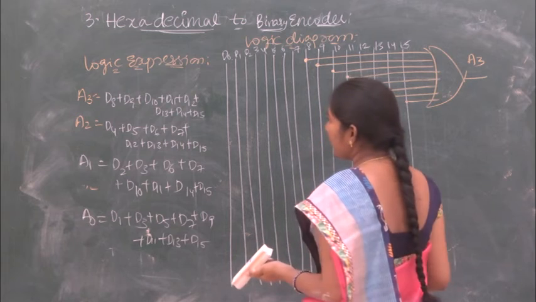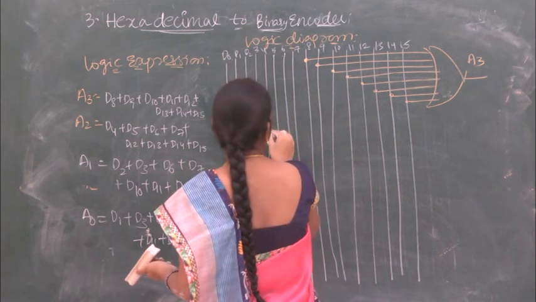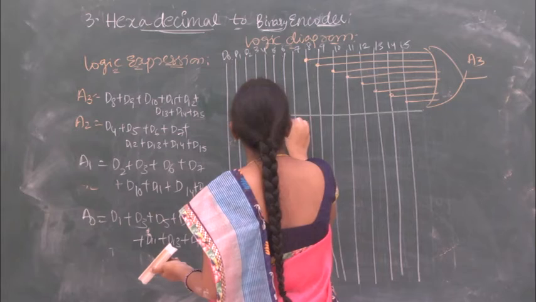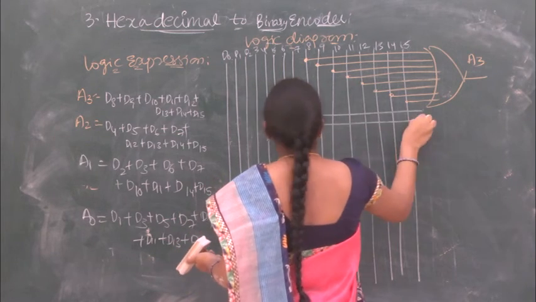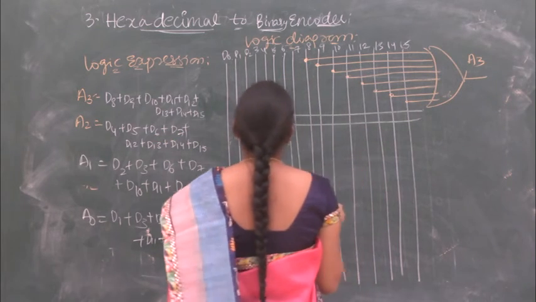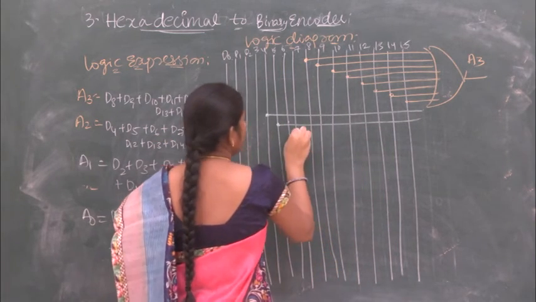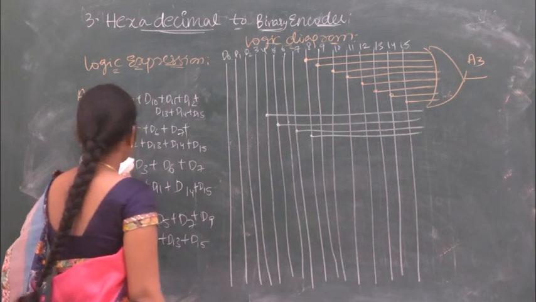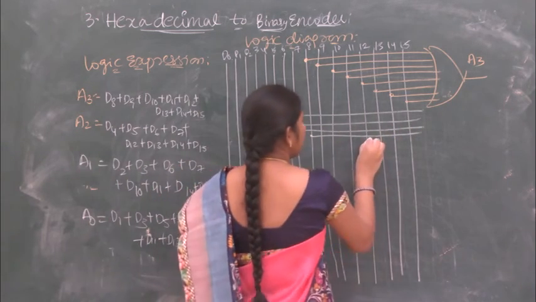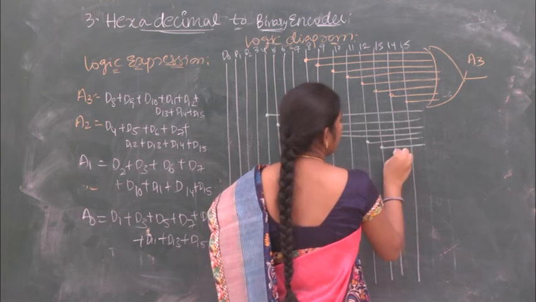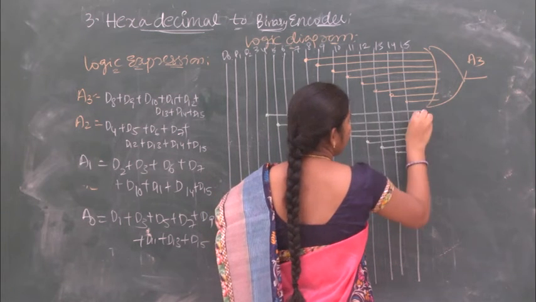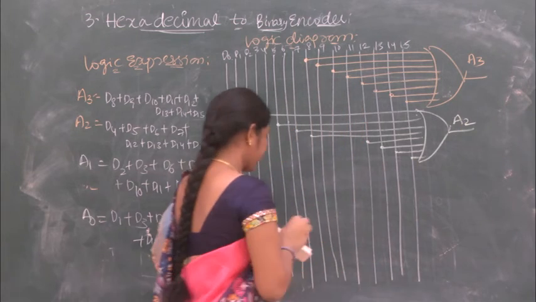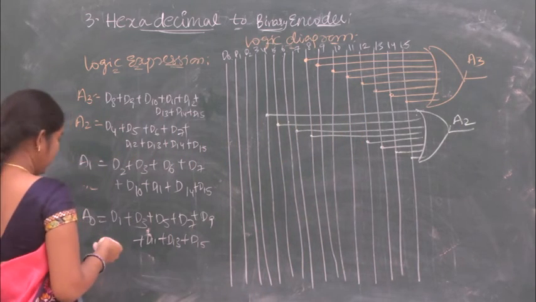So A2 is D4, D5, D6, D7 and D12, D13, D14, D15. Give it to one OR gate to get A2. Right?